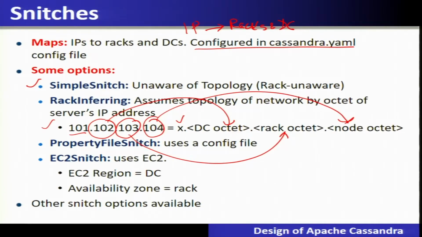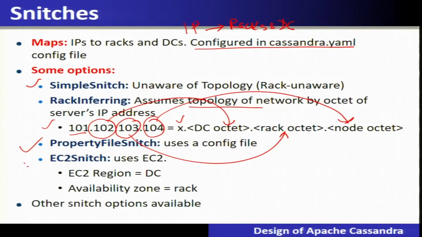So with this rack inferring snitch, from the IP address you can know the topology of the network. Then the property file snitch uses the configuration file.